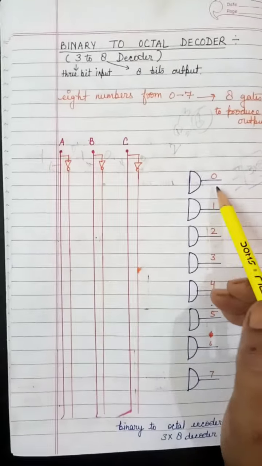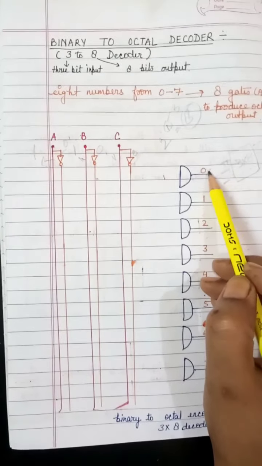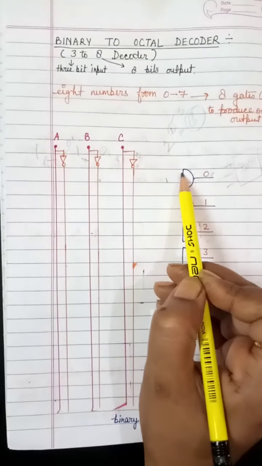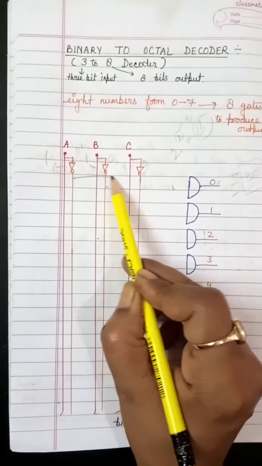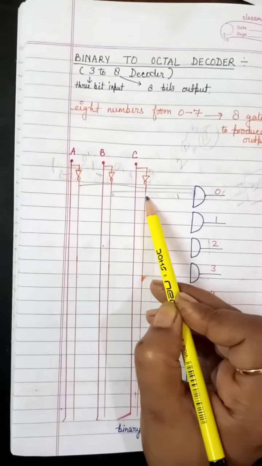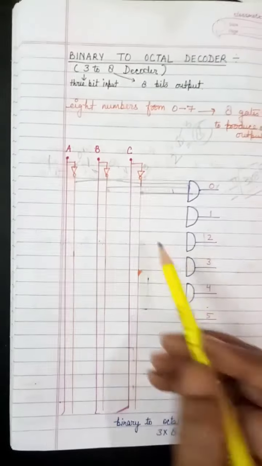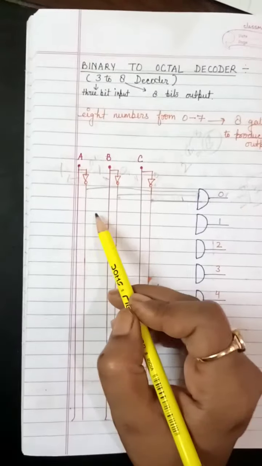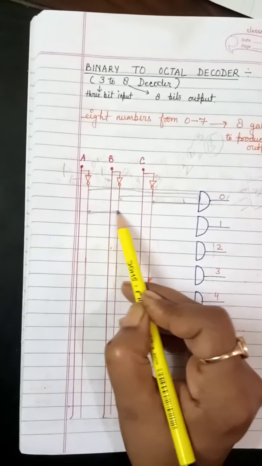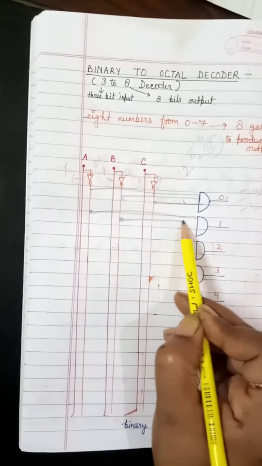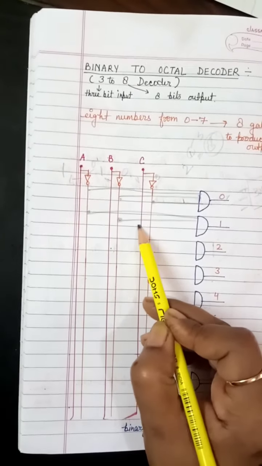So now make the diagram. For 0, the binary equivalent will be 000. So connect this with 0, then this complemented, and then this. In case of 1, 0 0 1. This will be 0, again 0 and this will be 1.